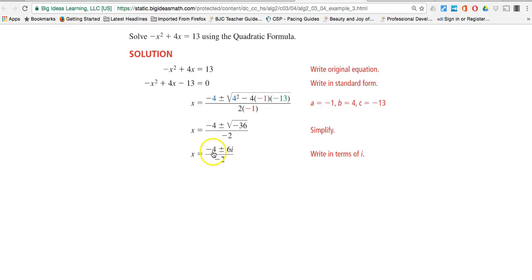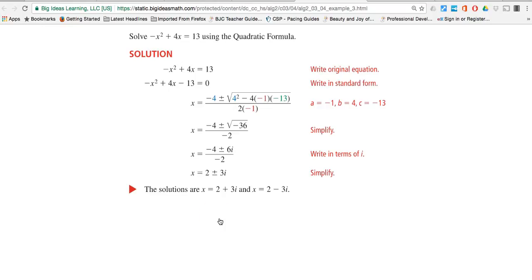Now, in order to get your two answers to this, you get -4 plus 6i, -4 minus 6i, and the whole thing can be divided by -2. So you end up with 2. -4 divided by -2 is 2, and 6i divided by -2 gives you plus or minus 3i.